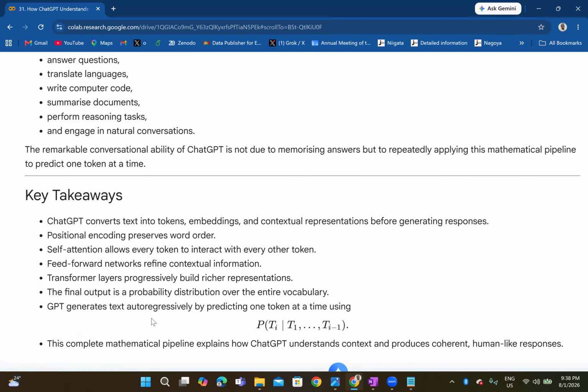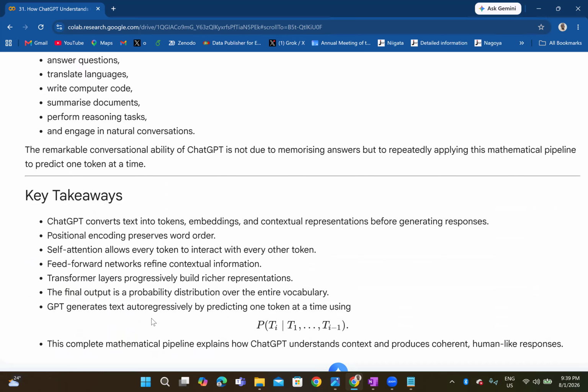So we have key takeaways here. ChatGPT converts text into tokens, embeddings, and contextual representations before generating responses. The positional encoding preserves word order. Self-attention allows every token to interact with every other token. Then feed-forward networks refine contextual information. Transformer layers progressively build richer representations.